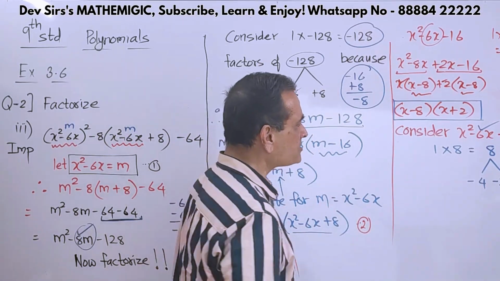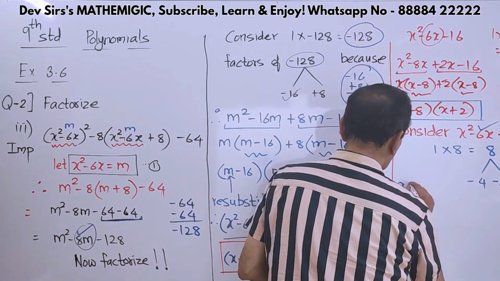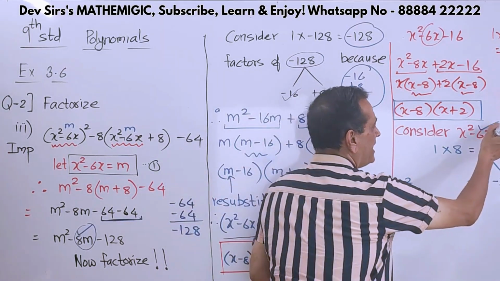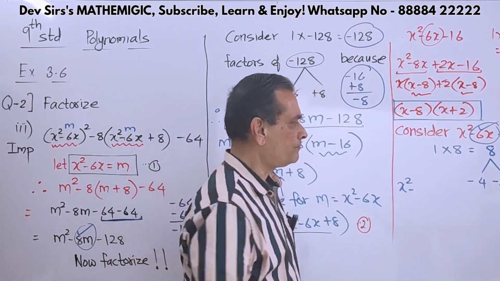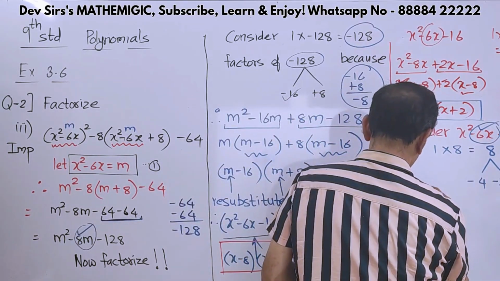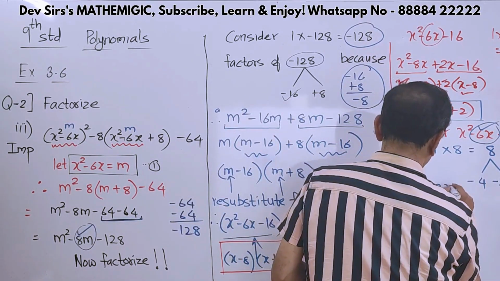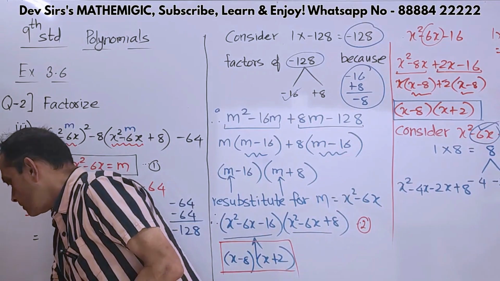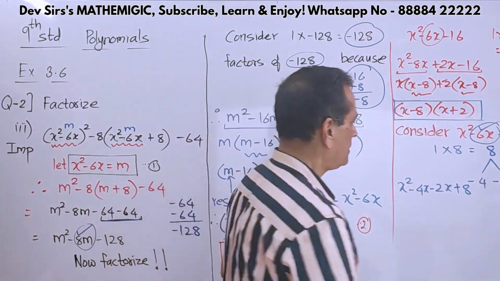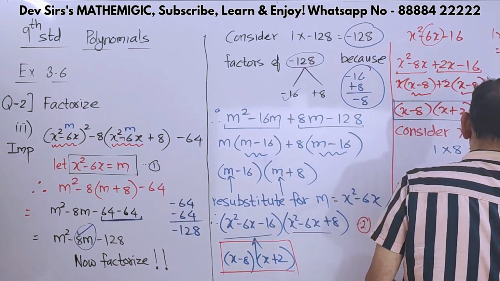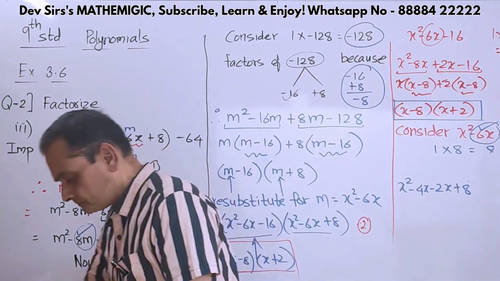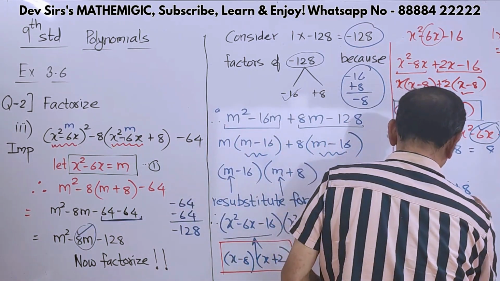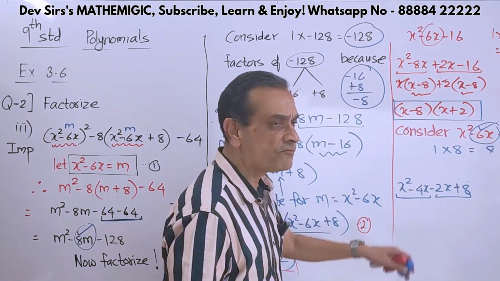Let's quickly solve now. X squared minus, now what do we do? Split up minus 6x. Select the first two terms.